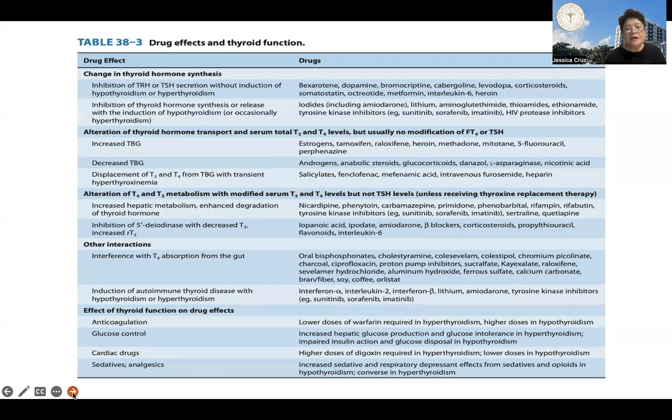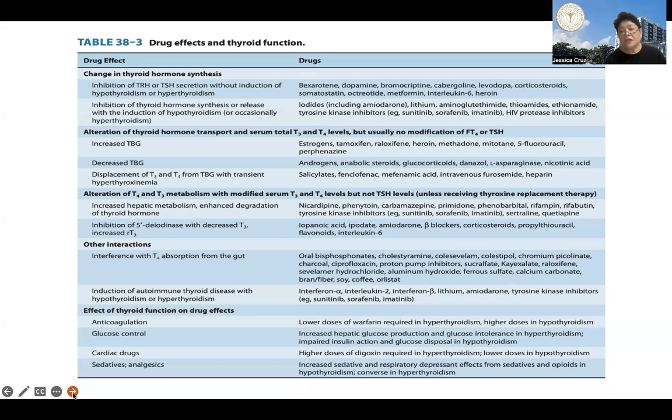Okay. Now, this is a table that summarizes the effect of various drugs on thyroid function and vice versa. It's good to review some of these, for example, interactions with substances that interfere with the absorption of thyroid hormone from the gut, like your bisphosphonates, proton pump inhibitors, some of your anti-ulcer drugs, some antibiotics, etc. And then what would be the effect of thyroid function on drugs.